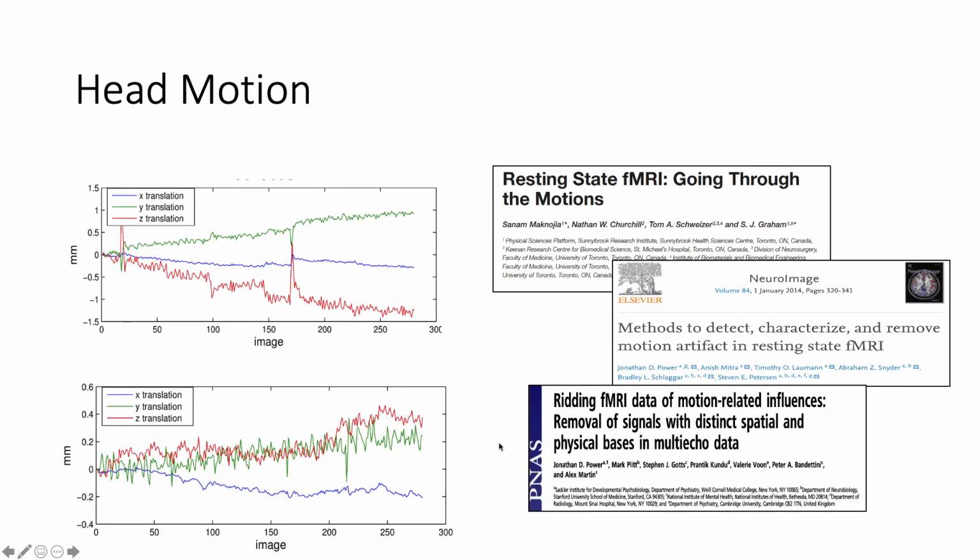The big one is head motion, right? I put a couple of examples from a paper, just highlighting how much a person can move. I don't know if you can see it. This is an example of somebody who is moving quite a bit. You can see the millimeters. Over the course of the scan, their head was moving in different directions.